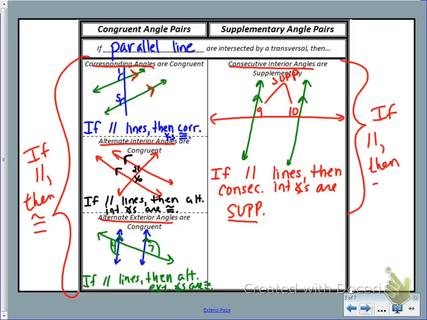They are going to be supplementary, which means they add to be 180 degrees. So be aware that three of these angle relationships are going to have a congruent relationship, but consecutive interior angles will be a supplementary relationship when the lines are parallel, not congruent, except for that one unique situation, which does not happen that often.